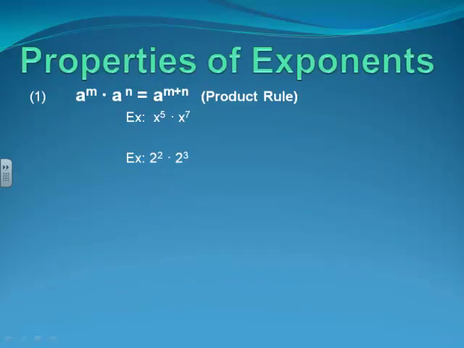All right, so let's look at properties of exponents. There are several properties of exponents we're going to look at to make our life easier when we're trying to simplify expressions with several exponents in them.